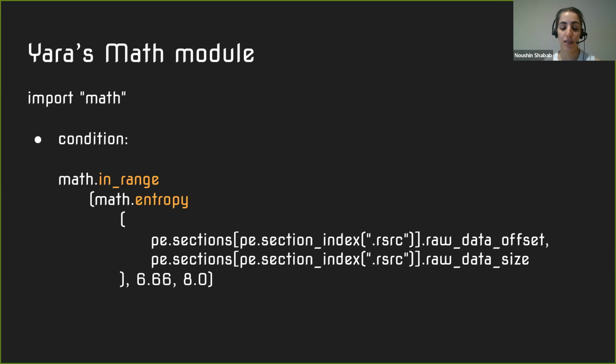What that means is that if the next byte is more predictable, the entropy is lower. So if you have a constant value in a section, like a section that is filled with 0, the entropy should be very low.